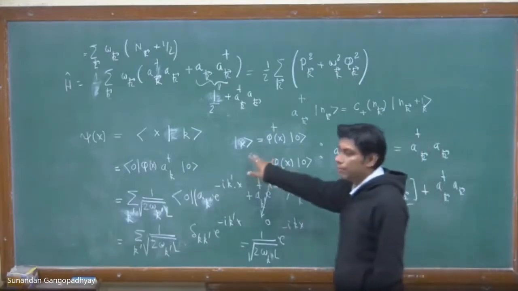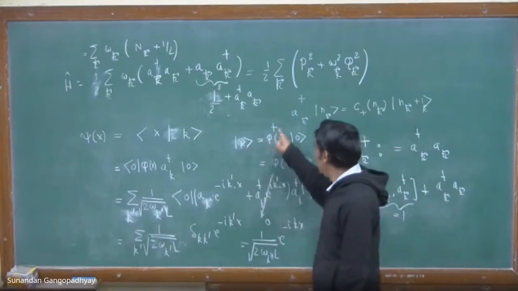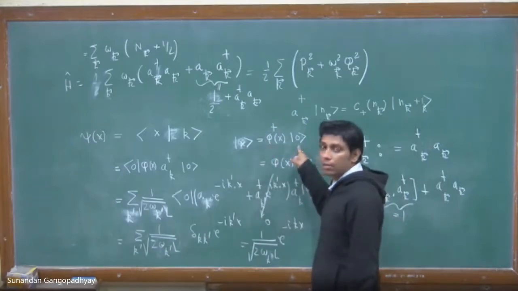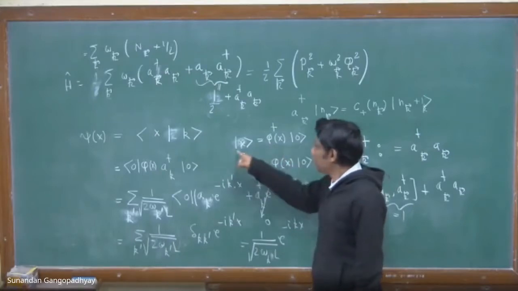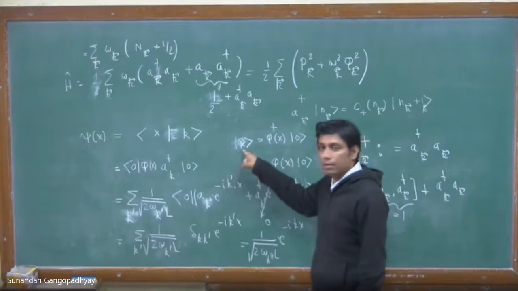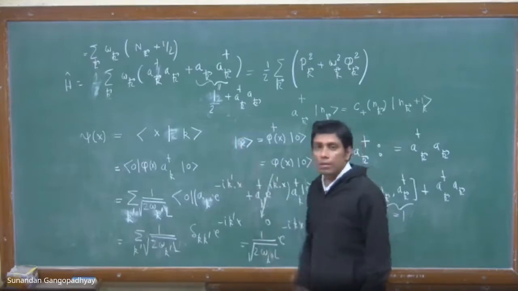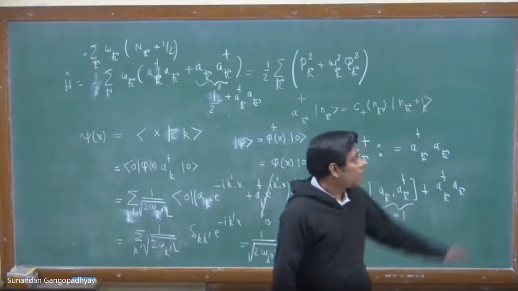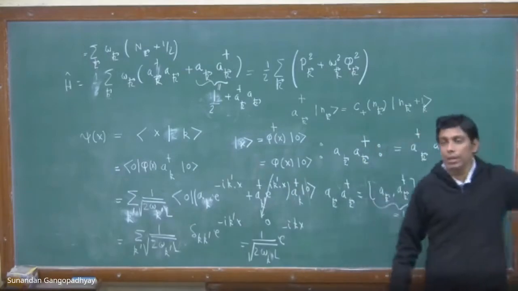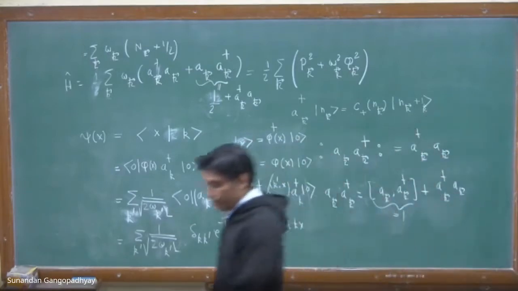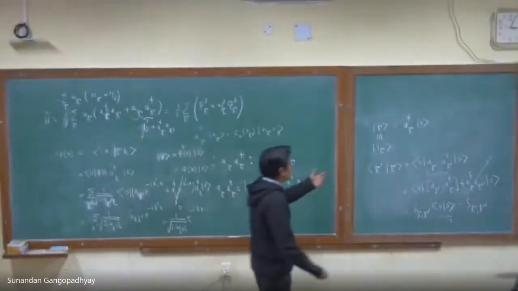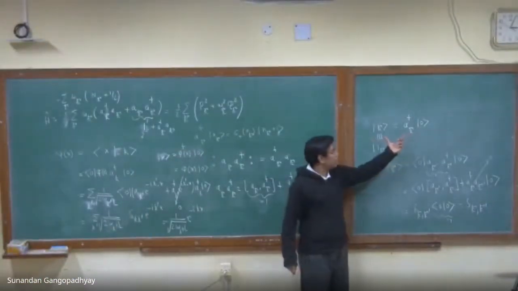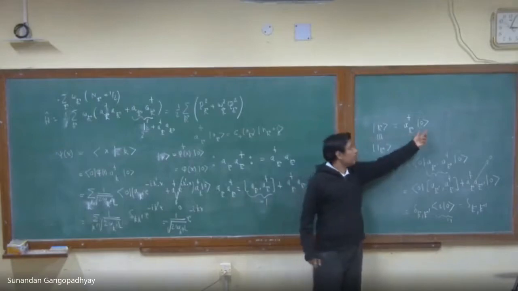See this definition that we have written down, ket x is equal to phi dagger x acting on ket 0. Ket x is completely compatible with the momentum state that we have already discussed. a dagger k acting on ket 0 gives you ket k.